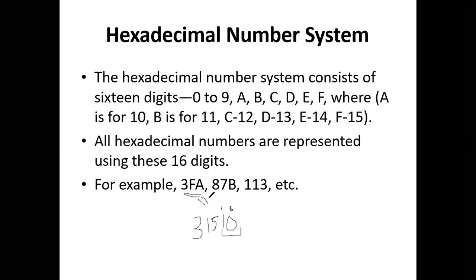So to show that these two digits are actually one, we use a letter for that. Even this one, to show it should be treated as one digit, we use F in place of 15. So for the hexadecimal number system, this is how we express these numbers.